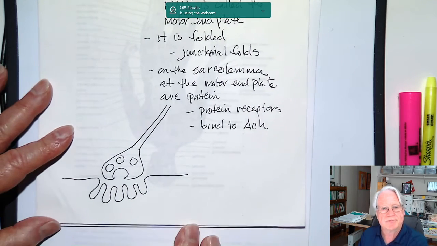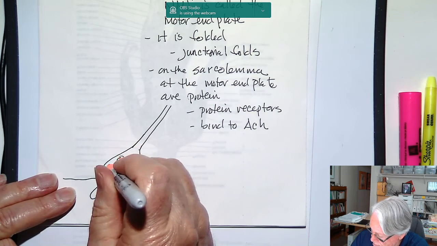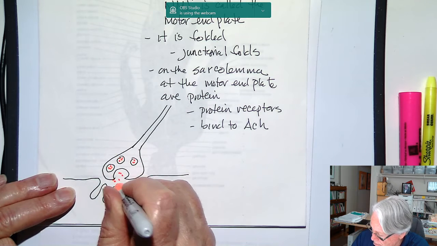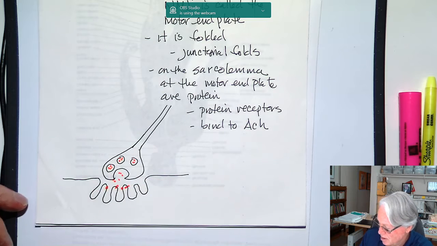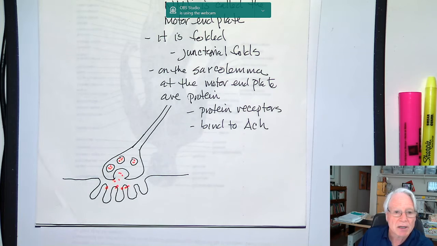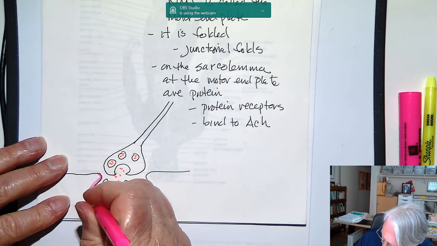Okay. So let's go ahead and we will highlight. I'm going to leave out the basal lamina for this, to make this less complicated.